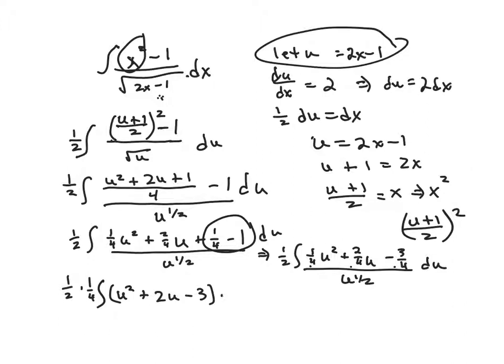Or I could times that by u to the negative 1/2. Same thing. And I can go ahead and simplify this. U squared times u to the negative 1/2. I go ahead and add the exponents, and I get, I'm going to rewrite this, I get u to the 3/2.